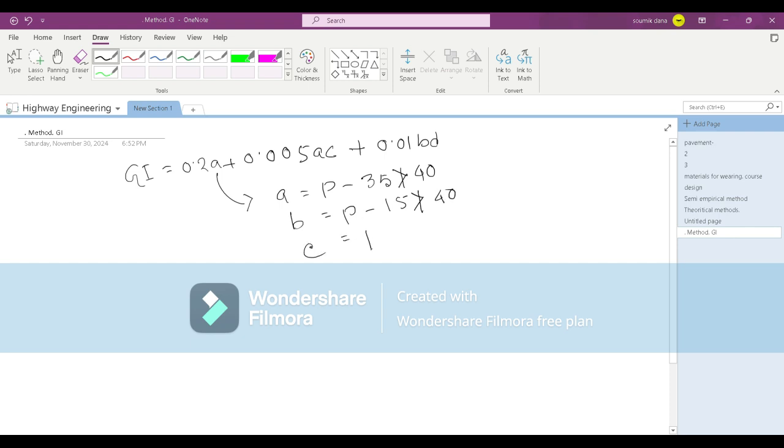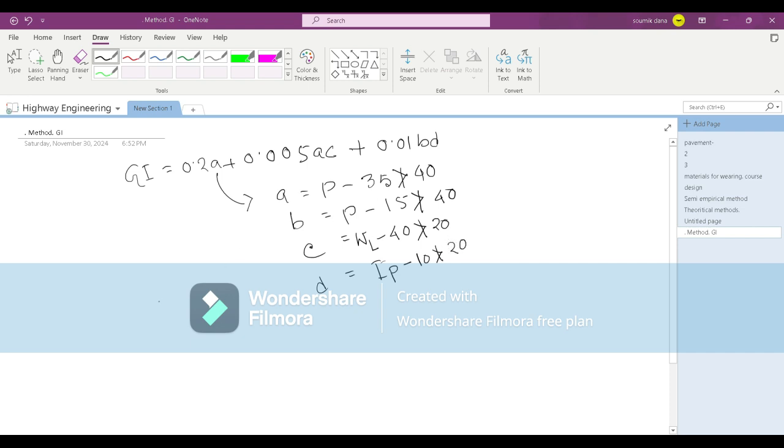C is WL minus 40, not greater than 20, and D is IP minus 10, not greater than 20.